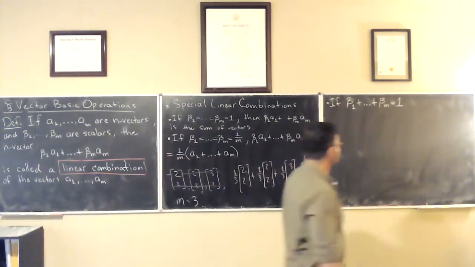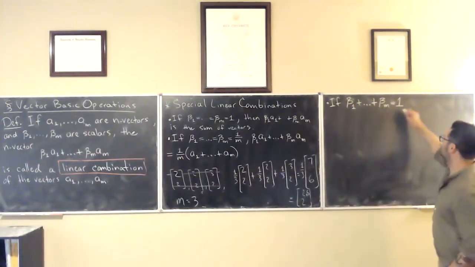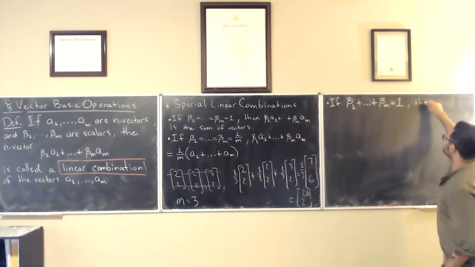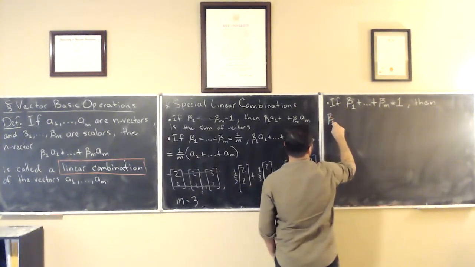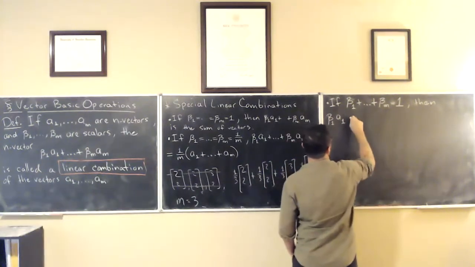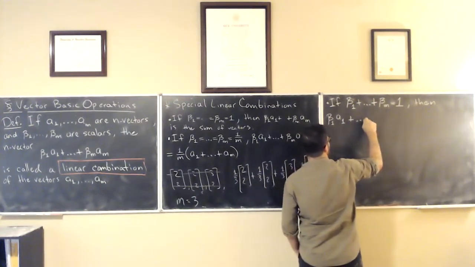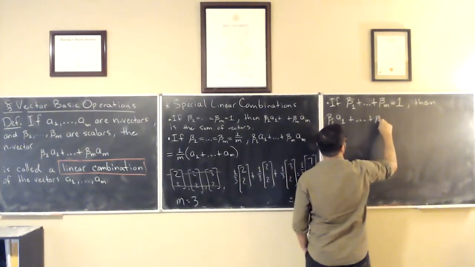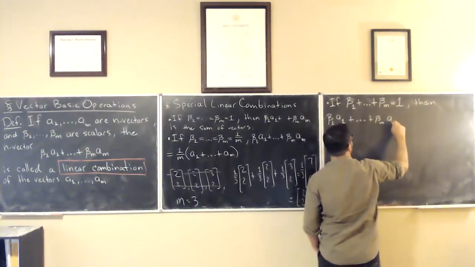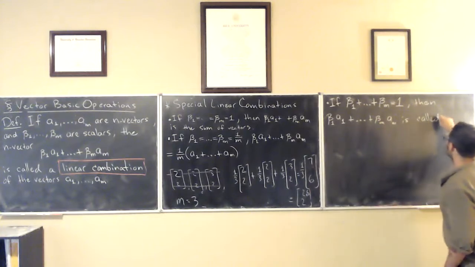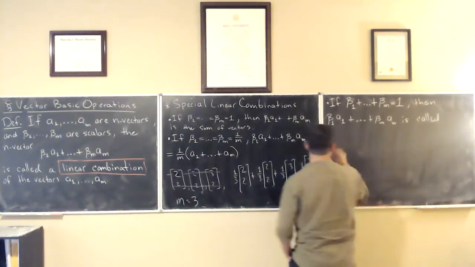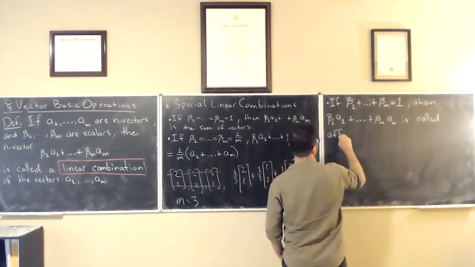If your scalars sum to 1, then this linear combination is called affine. I've heard it pronounced in a few different ways.